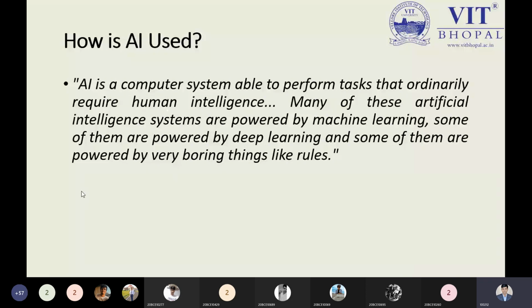It's a very simple answer. AI is basically a computer system that can be used in various forms: in machine learning, in deep learning, or based on some algorithm. AI, artificial intelligence, is a study of computer science.